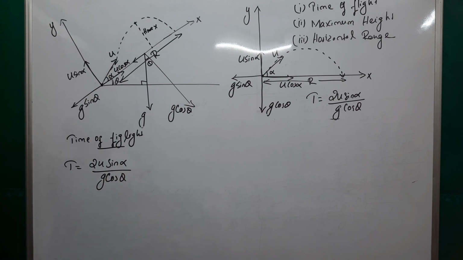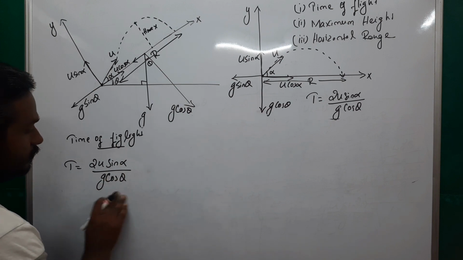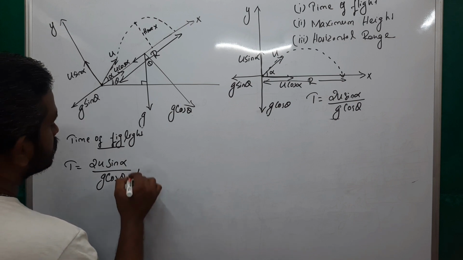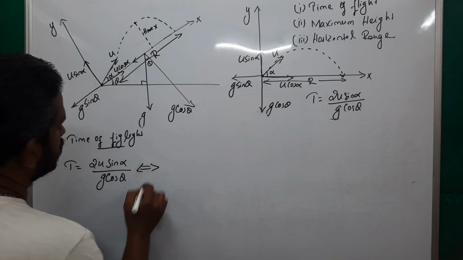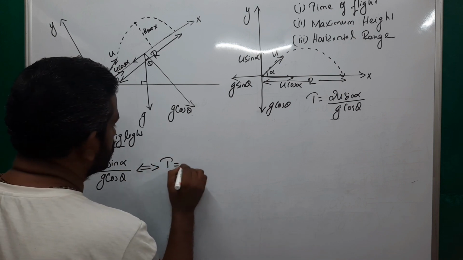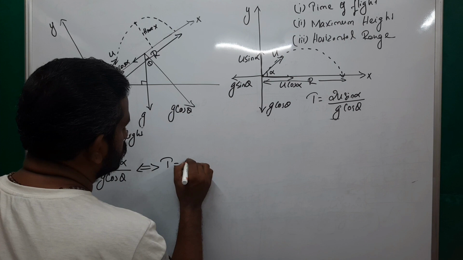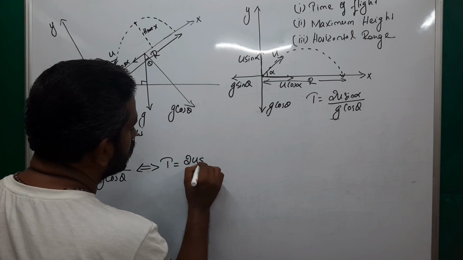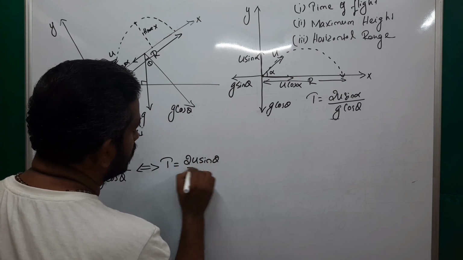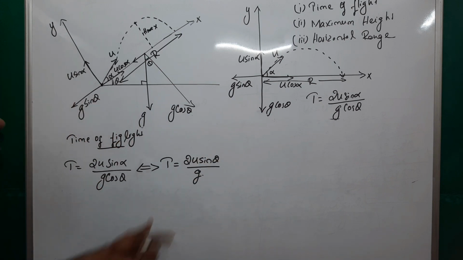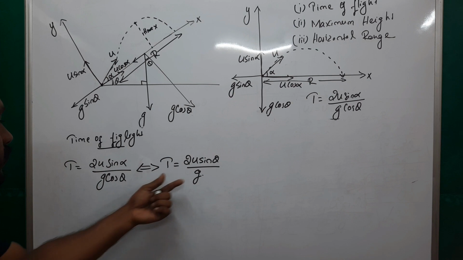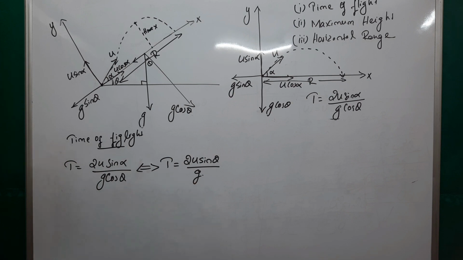That is inclined projection. What is the time of flight in horizontal projection? T is equal to 2u sin theta divided by g. Here it is u sin alpha divided by g cos theta, because the vertical acceleration here is g cos theta.